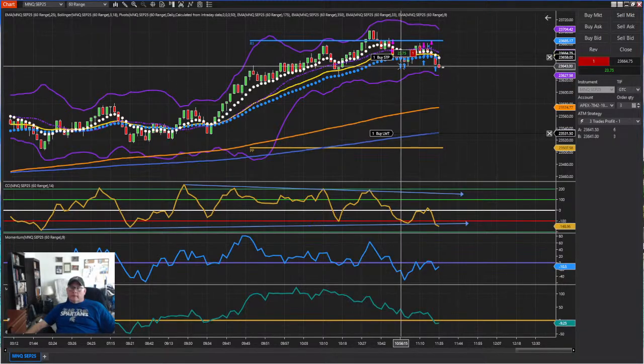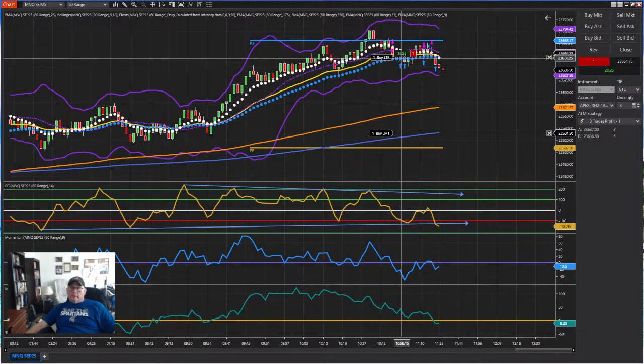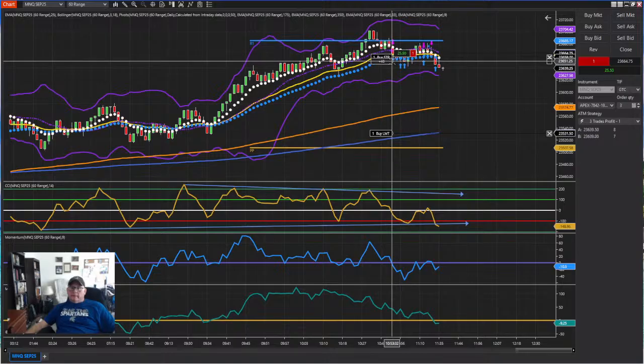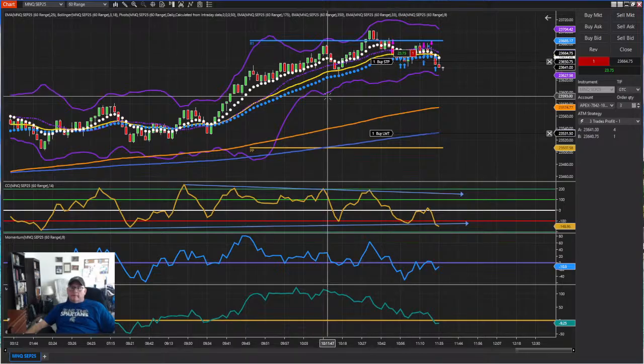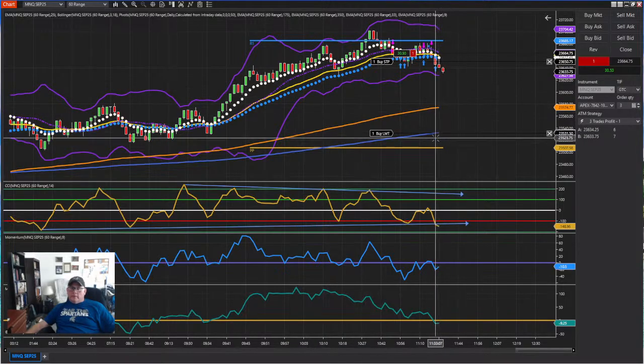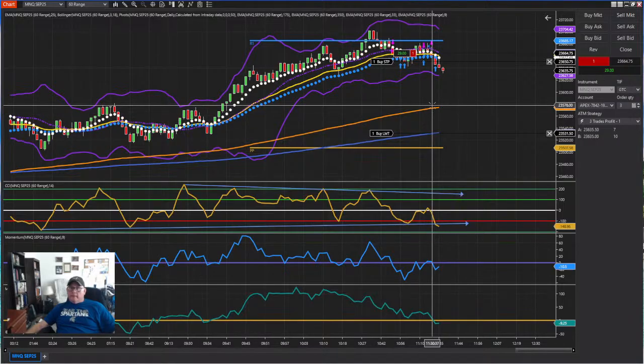So we did break through. We're going to take some profit right there. Watching this orange line, watching this blue line, watching this yellow line.